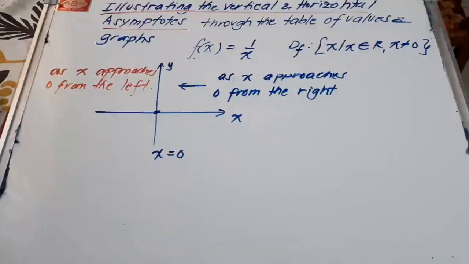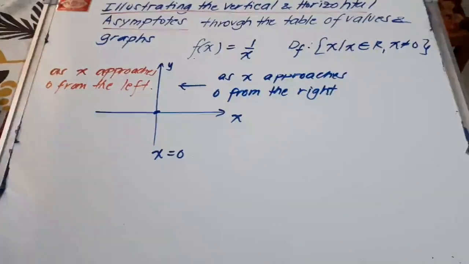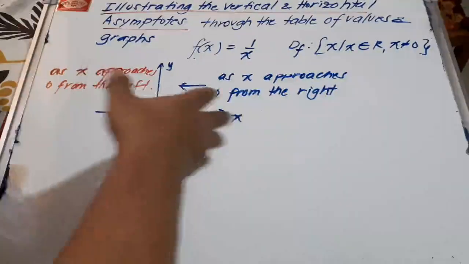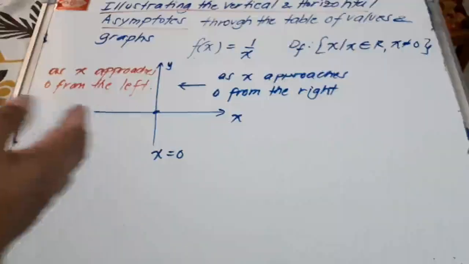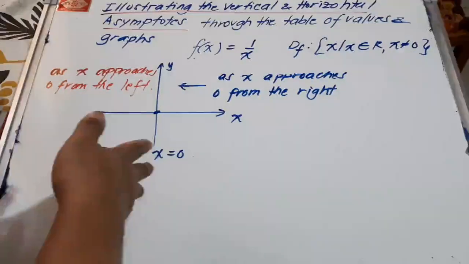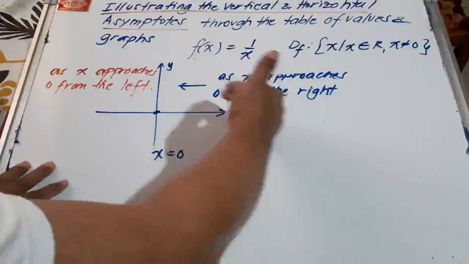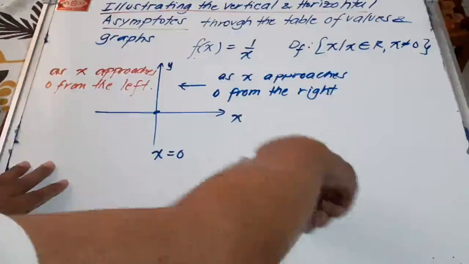Okay. So, pag nalaman natin yung behavior of the function as x approaches its restriction doon sa kanan at sa kaliwa, we can determine the graph of this function. So, ano ba nangyayari sa kanya pag papalapit siya sa 0? Galing sa kanan, siya ba ay nag-i-increase or nagdi-decrease?